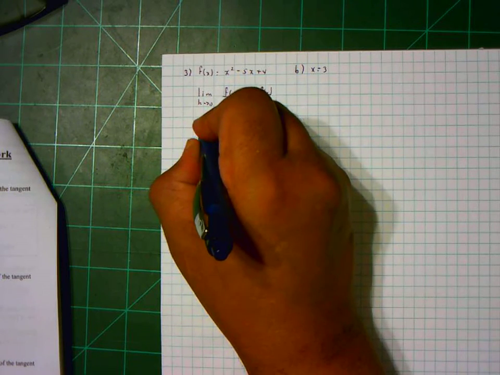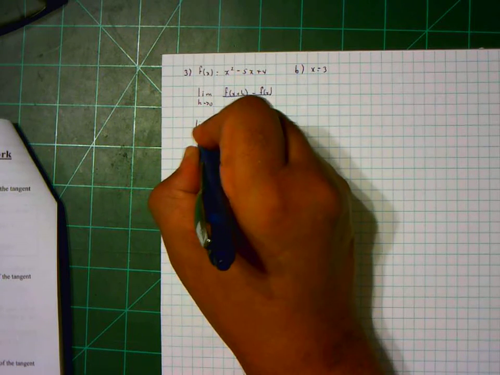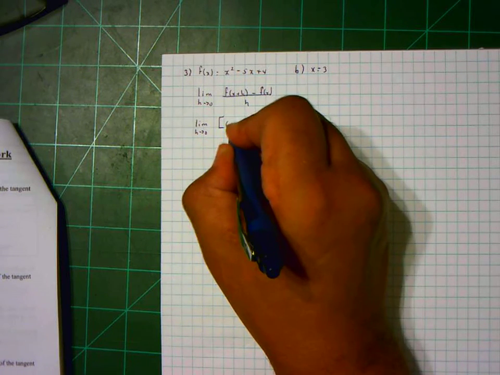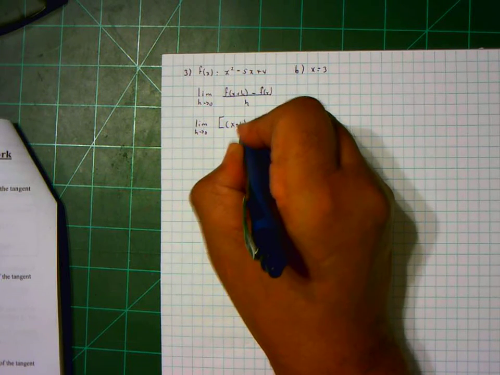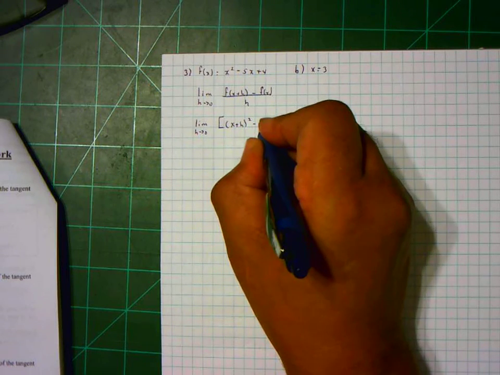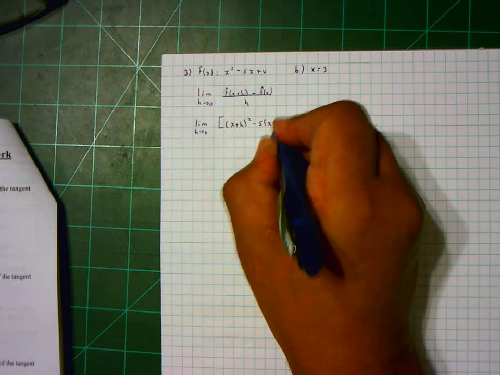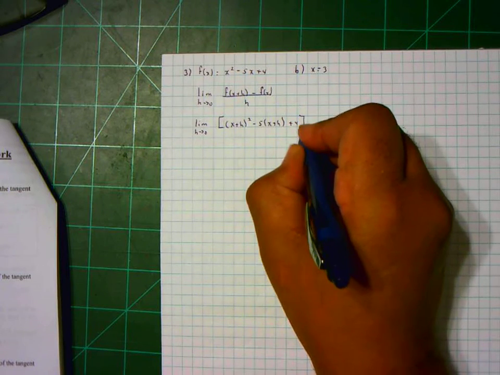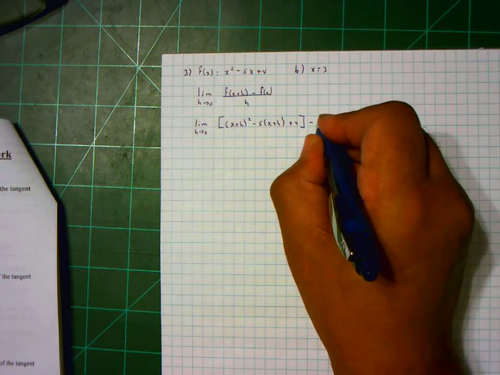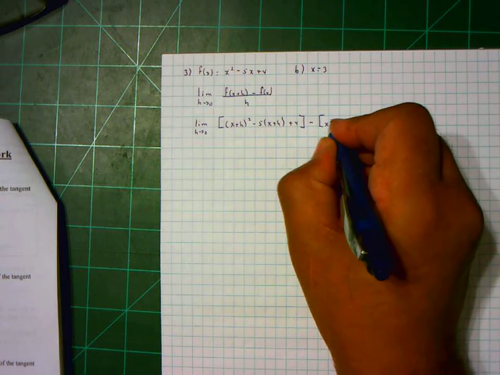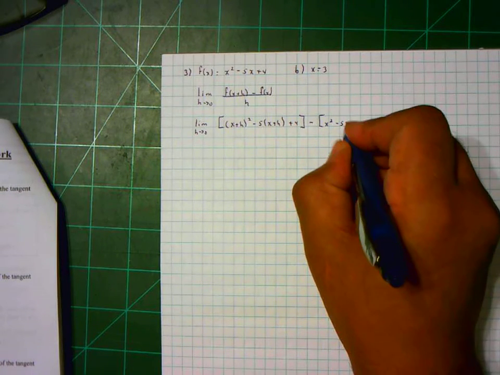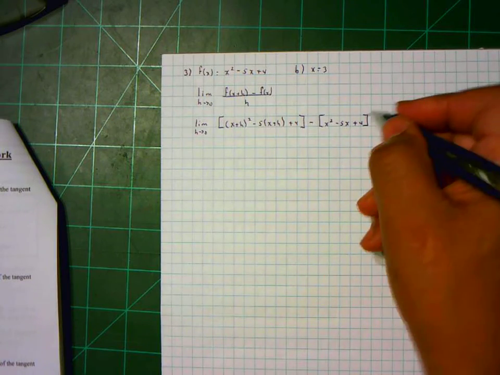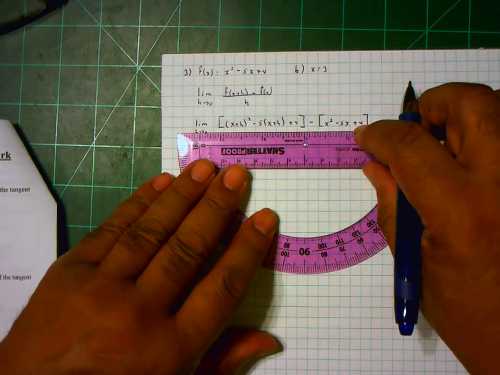This becomes the limit as h goes to 0 of x plus h squared minus 5 times x plus h plus 4 minus x squared minus 5x plus 4 all divided by h.